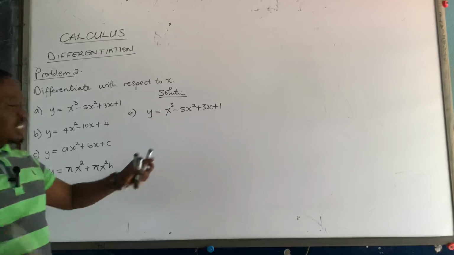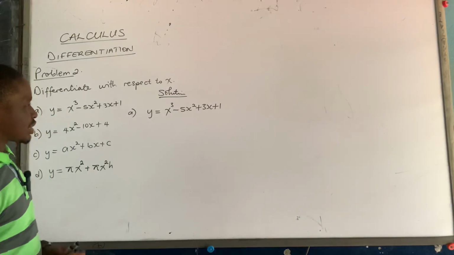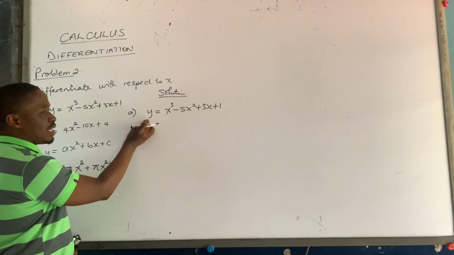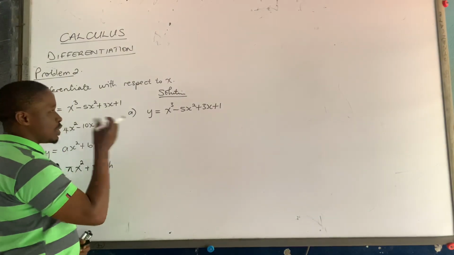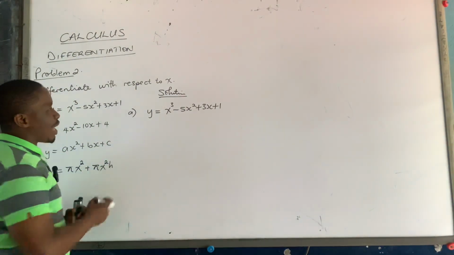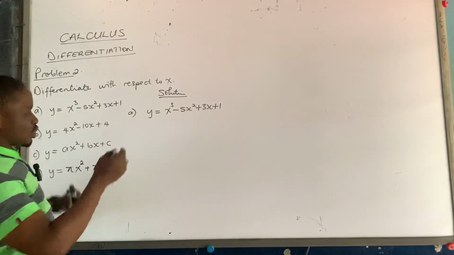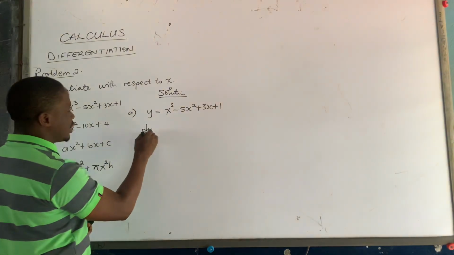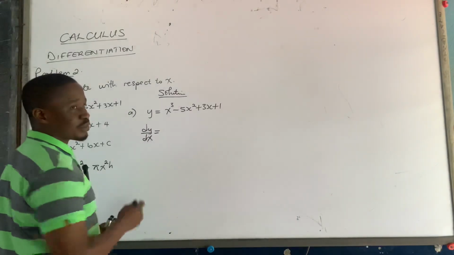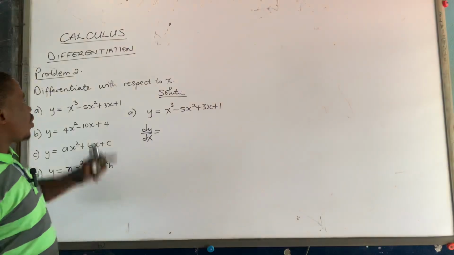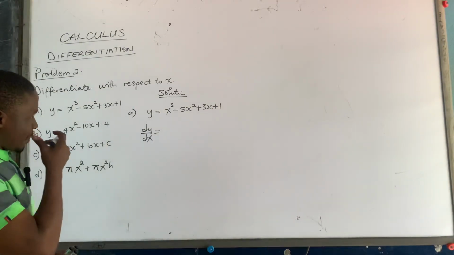We want to differentiate this function with respect to x. But the function is labeled y, so it is represented by the quantity y. So if we are to differentiate this with respect to x, that means we want to find dy dx.